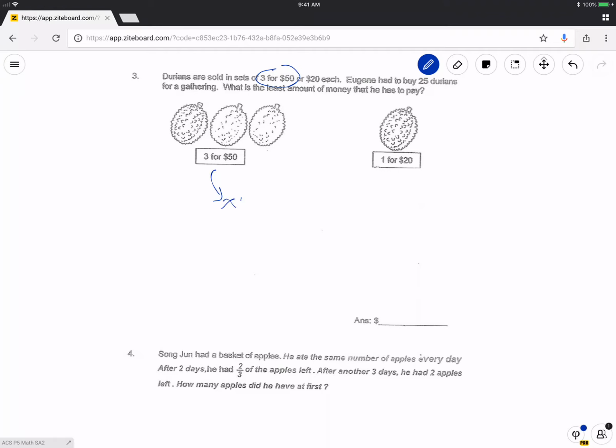This one must times 8. So 50 times 8 would be $400. Then you have to buy one more, so it's 400 plus 20, so it's $420. Right, next one.